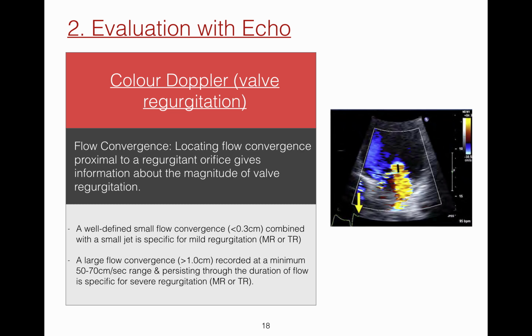A well-defined small flow convergence, less than 3 millimeters, combined with a small jet is specific for mild mitral and tricuspid regurgitation, whereas a large flow convergence greater than 1 centimeter, recorded at a minimum 50 to 70 centimeters per second as the Nyquist limit, that persists throughout the duration of flow is specific for severe mitral and tricuspid regurgitation.